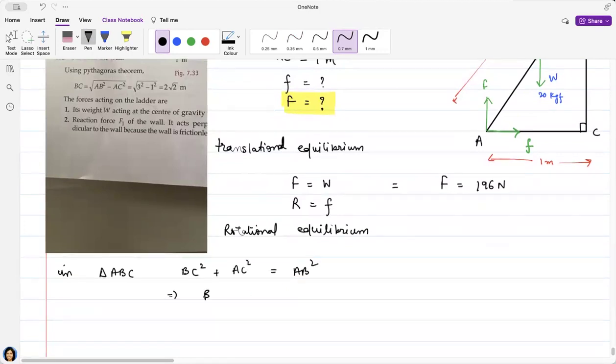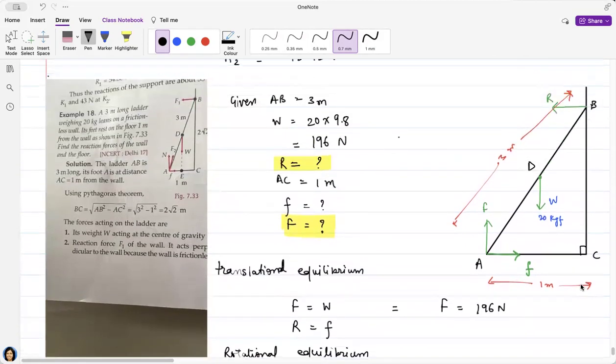This implies that BC is equal to the square root of 3 square minus 1 square, that is, the square root of 9 minus 1. That is root 8, which is root of 4 into 2, that is 2 root 2 meter. Okay, because we would need that value.